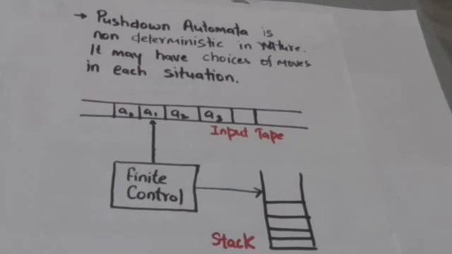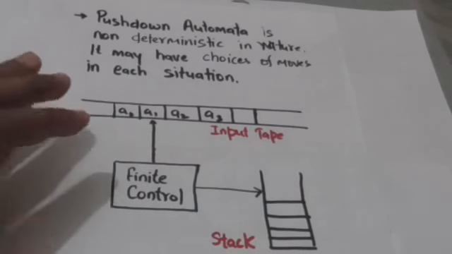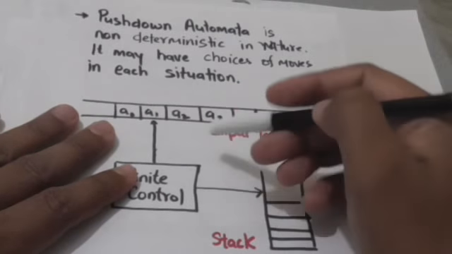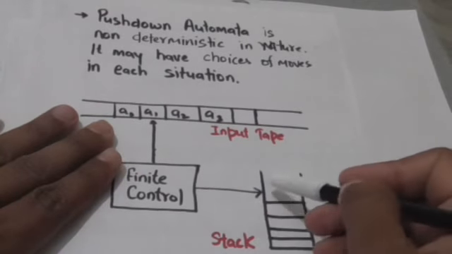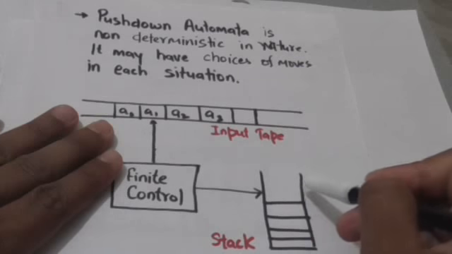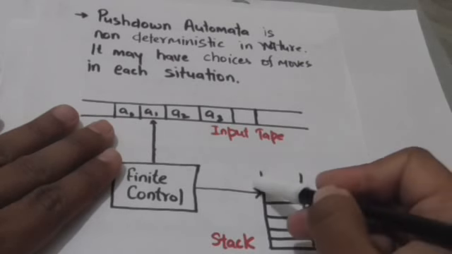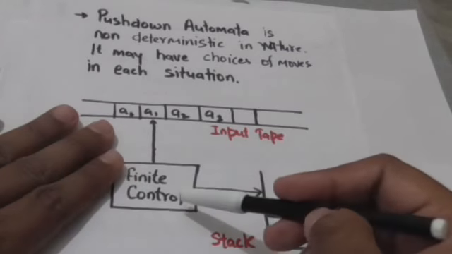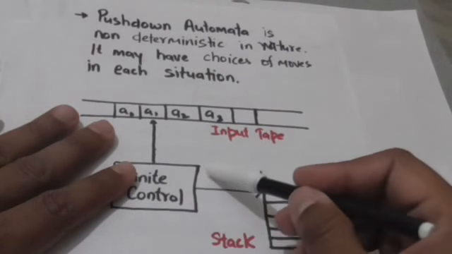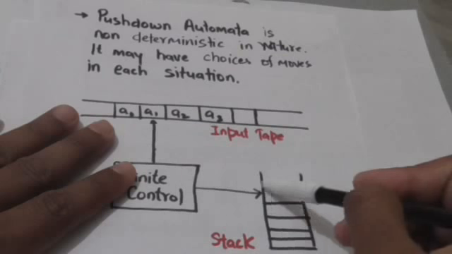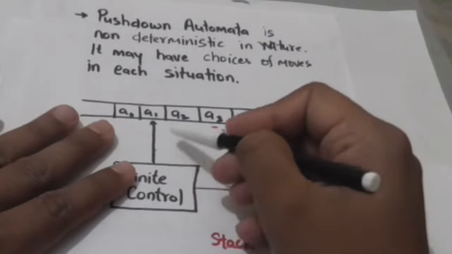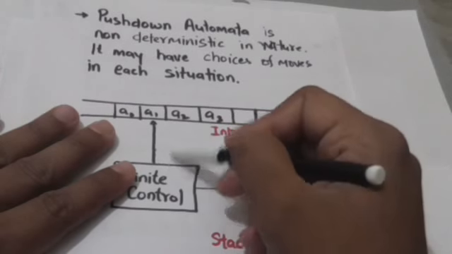Now there are two types of moves in pushdown automata. In the first type of move, it reads an input symbol from the input tape and reads the top element of the stack, and after reading the input symbol and top element of the stack, it changes its state, manipulates the stack, and moves this head one position right.